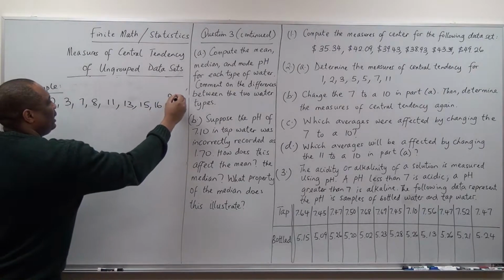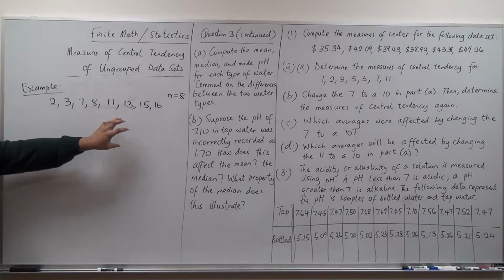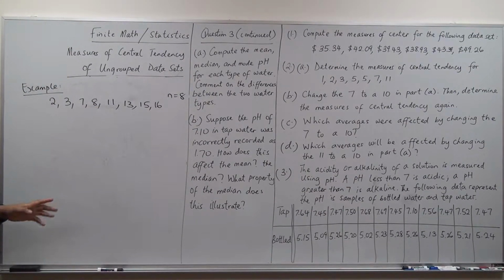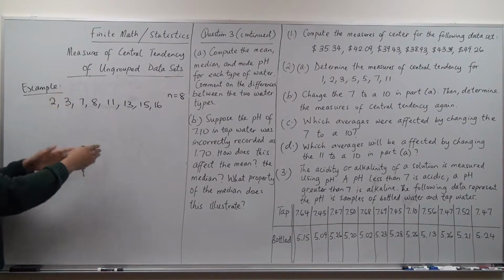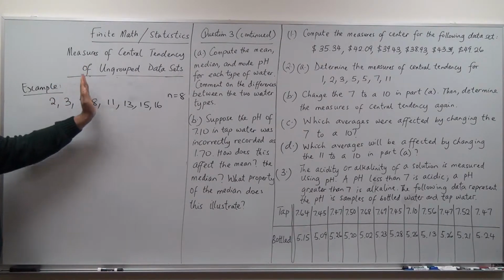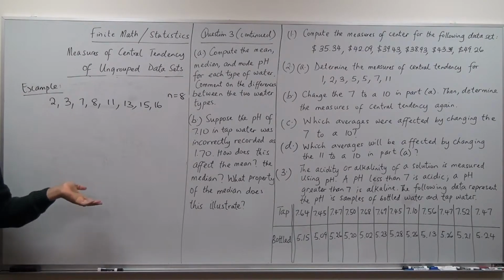Okay, here n is 8. So how would you get the median? Of course, some people will take 3 here, take 3 here, then 8 plus 11, 19 divided by 2.